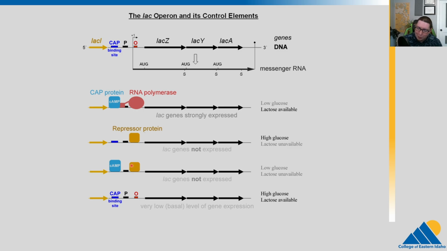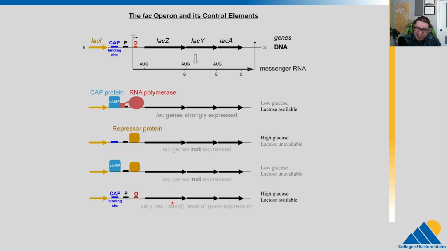Here's the sticky situation. What if we have high glucose and lactose available? Well, there's no repressor protein bound, and there's not much CAP bound, right? But there's going to be a super low level of transcription that will just occur. RNA polymerase happens to float by. It might transcribe it once, right?